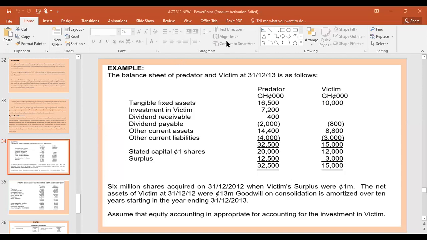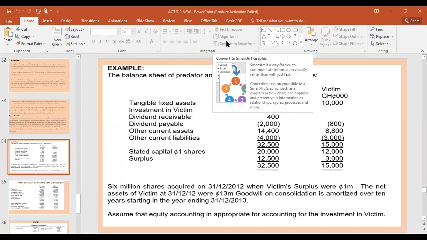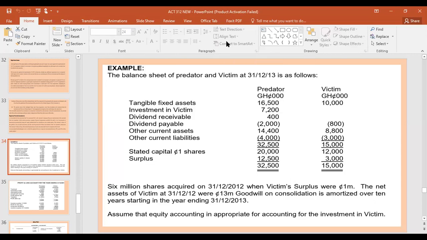I can see other current liabilities to be 4,000. Under current liabilities, you have other current liabilities, 4,000, and dividend payable, 2,000, making 6,000. So you are subtracting the 6,000 from your 14,800 current assets. How much are you getting? 8,800.